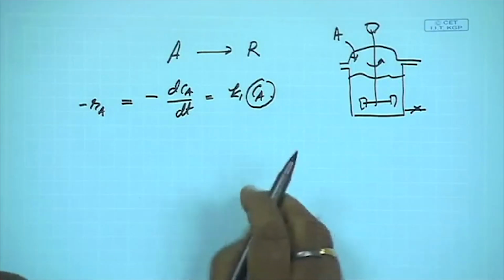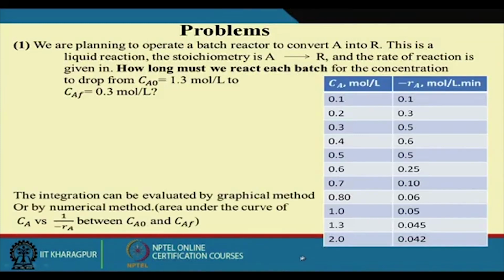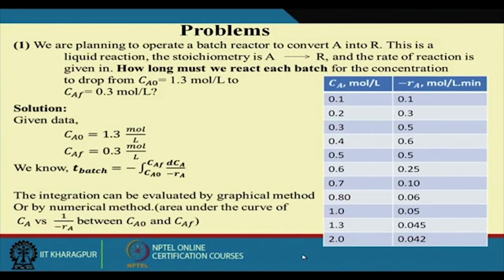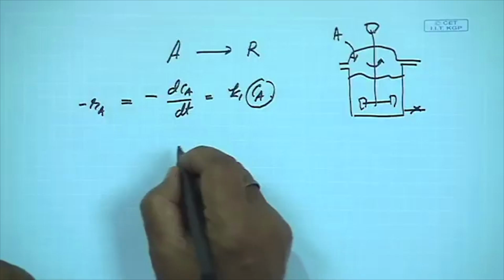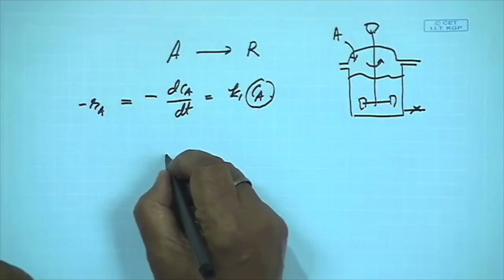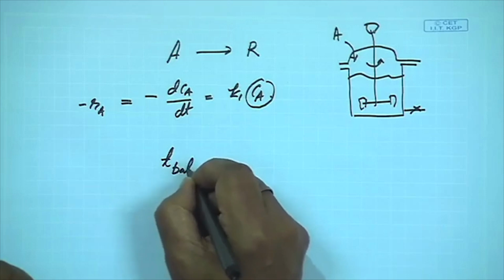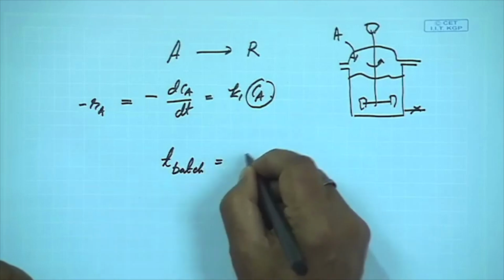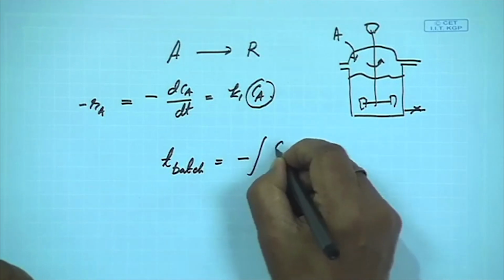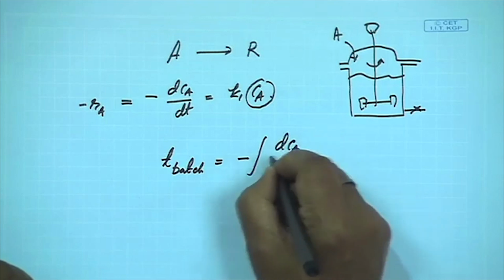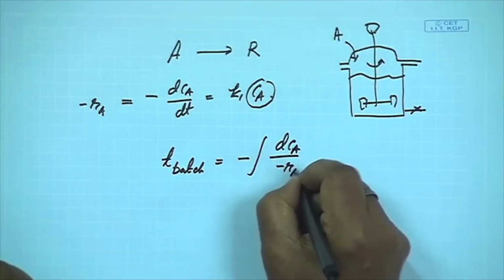We can remember the equation we derived: T batch is equal to the integral of dCA by minus Ra.